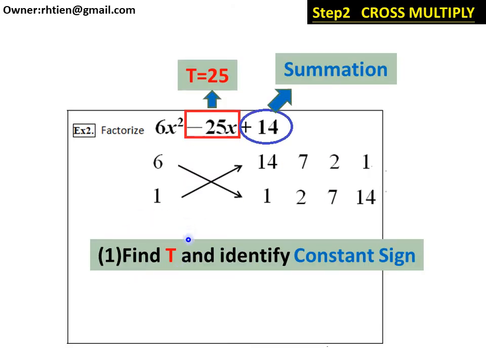Example 2, again we need to find t and the constant item. In this case, the middle coefficient is negative 25, and we ignore the sign, so we get the target number t is 25. And we have constant positive 14. So positive means summation. Okay, remember it. T is 25 and summation.